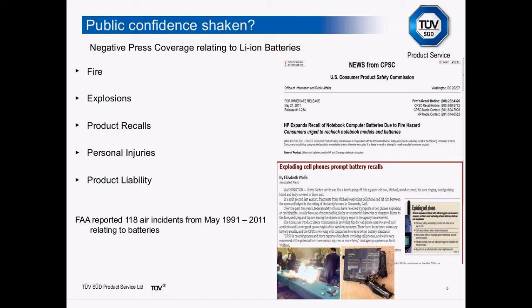Lithium-ion batteries have had negative press, particularly during 2005 and 2008, when relatively high incident rates occurred, resulting in fires and explosions. This resulted in costly product recalls for major manufacturers, which ran into millions of pounds.